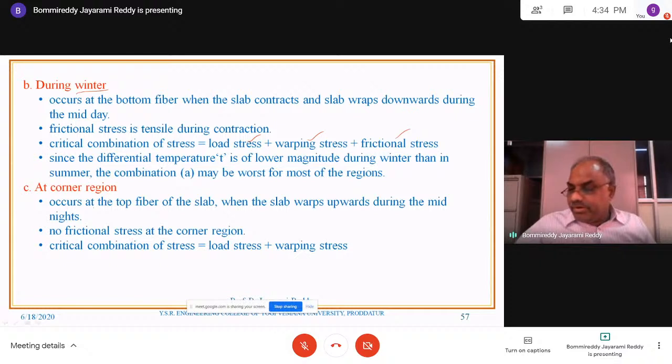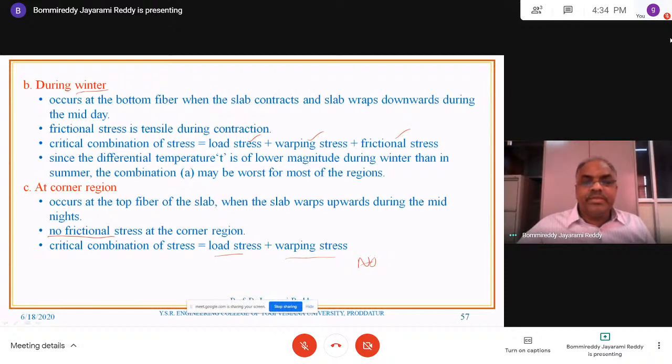Okay. At the corner region, the load stress and also warping stress. So at the corner, I already told you no frictional stress is induced. At the corner, no frictional stress, only these two. So it's an important part from the point of view of examination. Only three combinations.